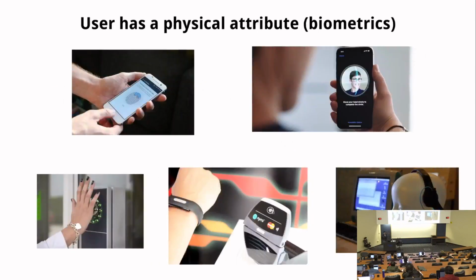Also, there are a lot of biometric authentication based approaches. Some of them are already deployed in our real devices, like fingerprint and face recognition. Those have been widely deployed in our phones, Android phones and iPhones, for almost 10 years. Also, hand authentication is a new thing.